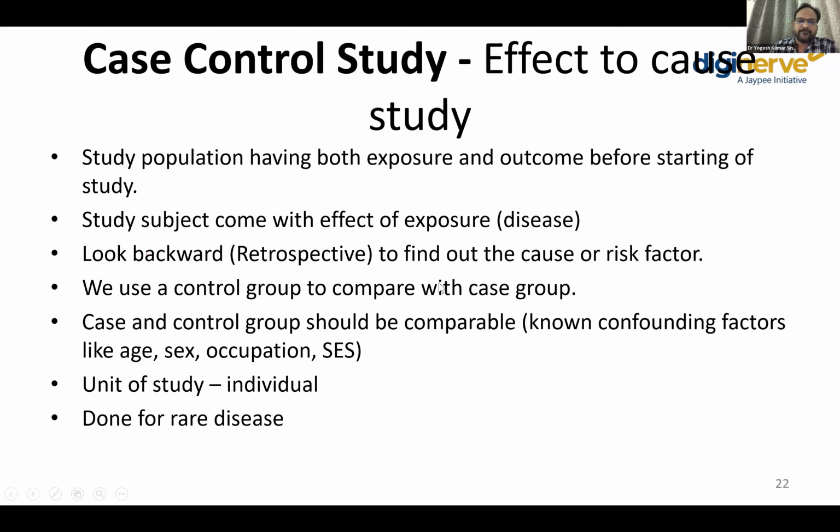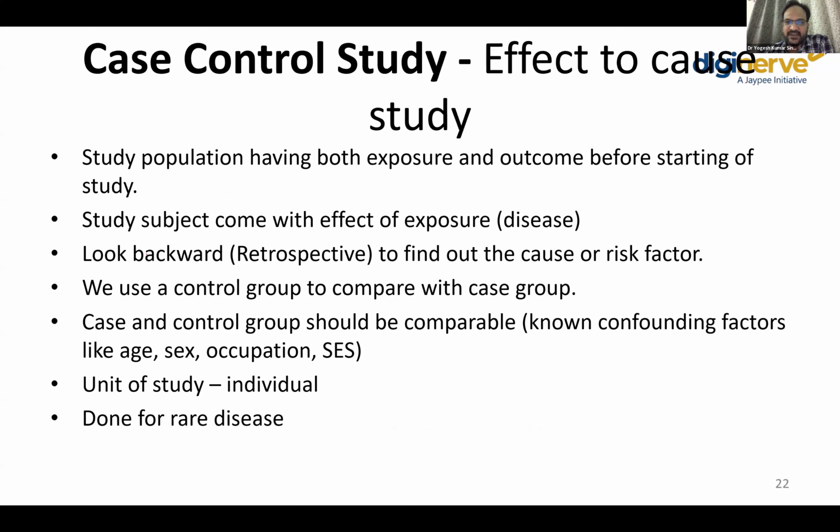Now, what is happening in the case control study? It is an effect to cause study. The person comes to us with the effect, and the study population is already having the exposure and already came with the outcome.